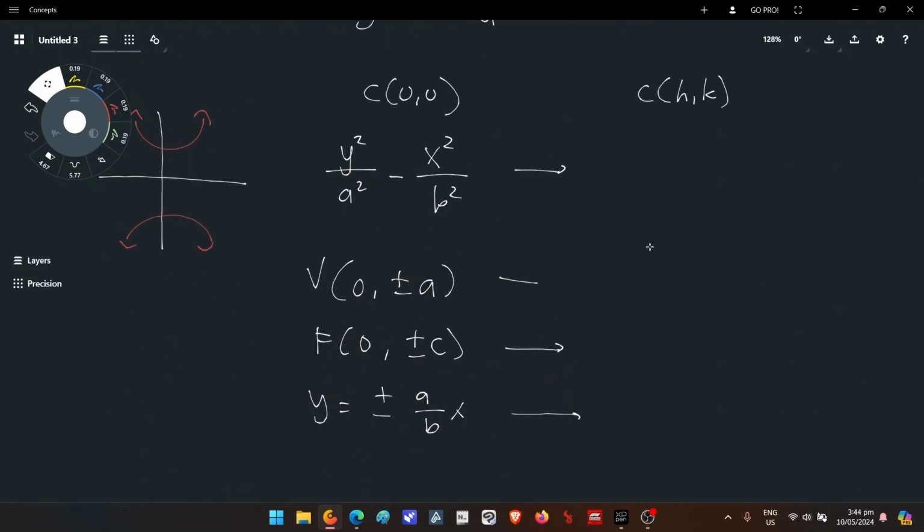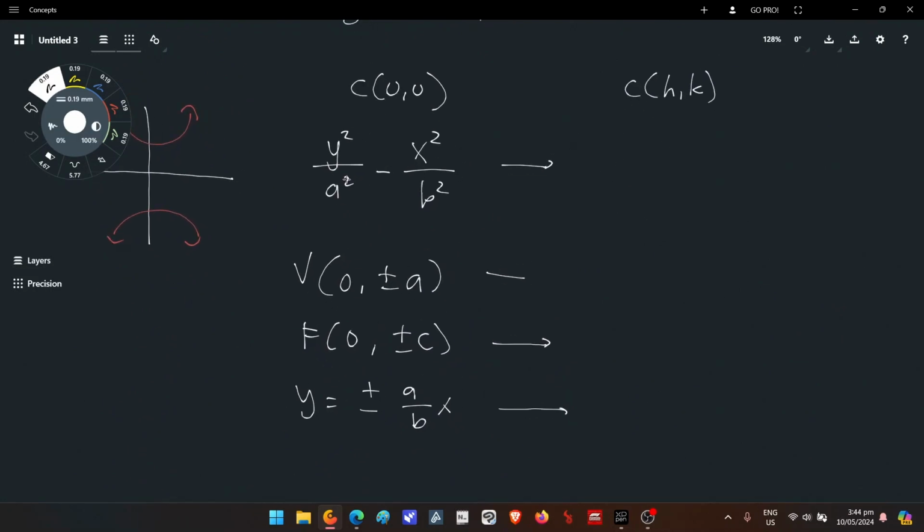And the same goes for this type of graph. So it's going to be y minus h squared over a squared minus x minus k squared over b squared equals 1. Same goes for the vertex. It's going to be h this time, because it is on the left, as you can see.